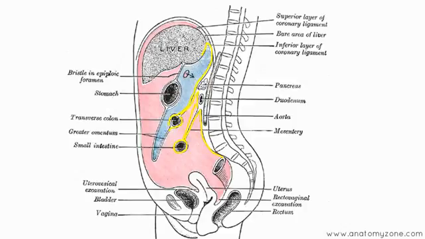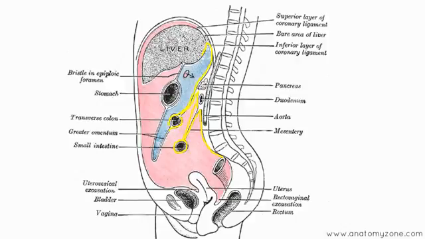So these mesenteries, together with the greater and lesser omentum, carry vascular supply and lymphatic drainage to the viscera and from the viscera. So what we've looked at is we've taken a trip through the peritoneal cavity, looking at the peritoneal attachments.